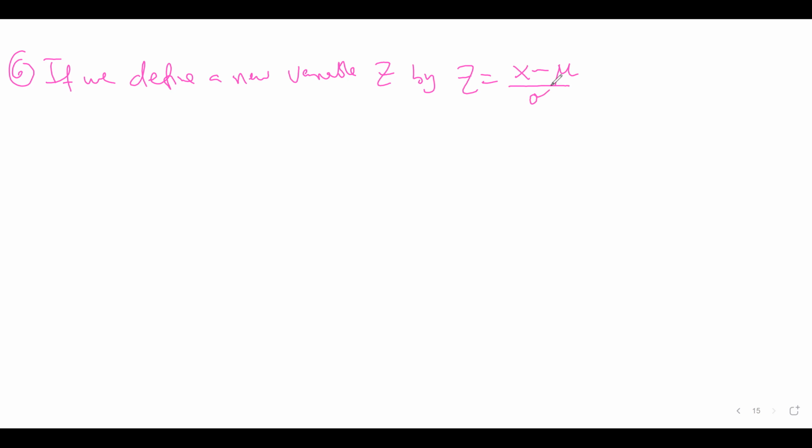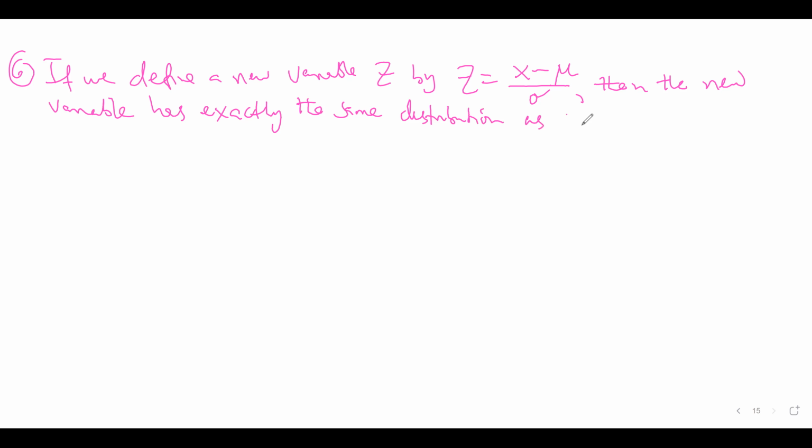If we define a new variable like that, then the new variable has exactly the same distribution as x for every pair of mu and sigma.